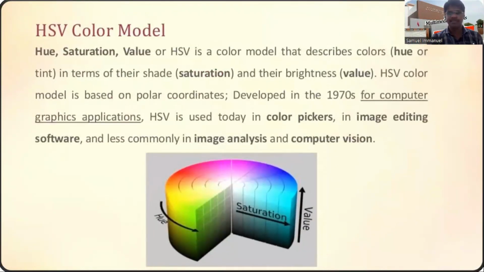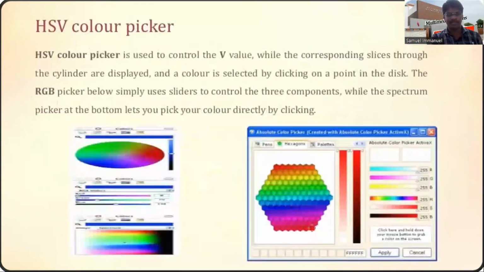The H is used for hue. Hue means the tint of a particular color. It gives you a reflection of a particular color. Saturation means the shade of the particular color. Value is always the brightness of the particular color. And the HSV color model is mainly used for color pickers.